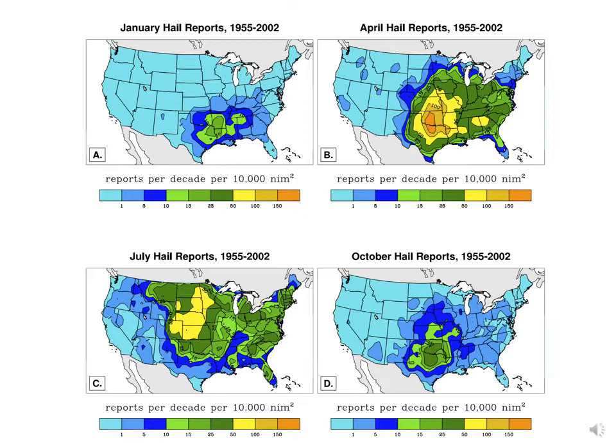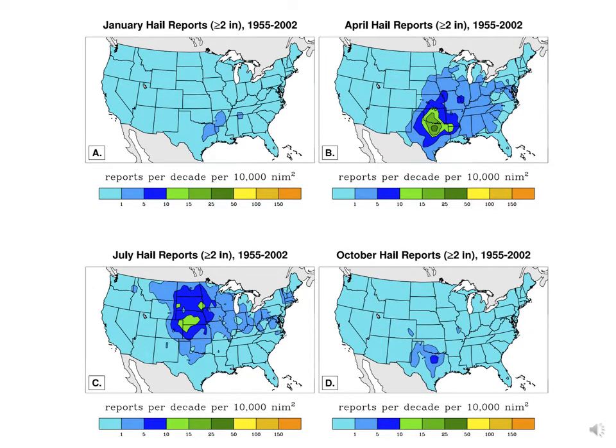And of course, it's these late season hailstorms which are really damaging to crops. And so it's really this upper Midwest area where you have the most damage and the most economic loss associated with the hail damage to crops. And then by the time you move back to October, the storm activity is moving further south once again.